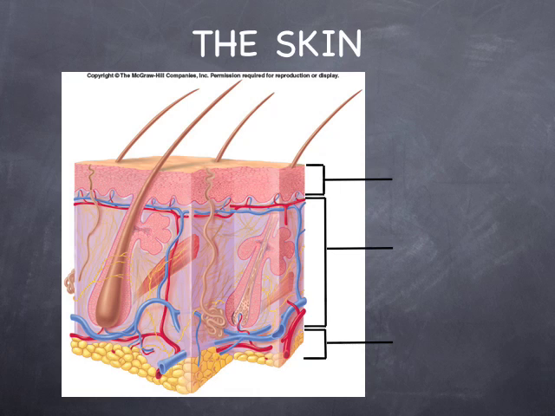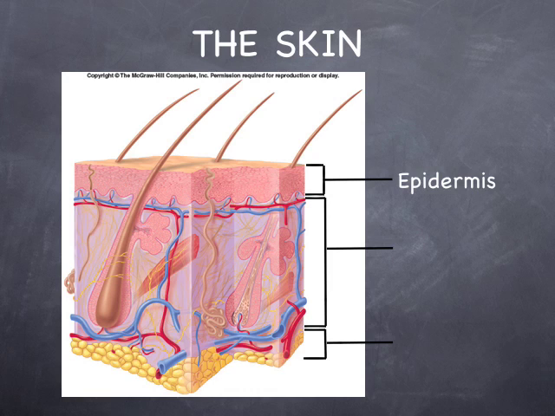The picture that you're looking at now is the picture of the skin from your textbook, and this is very, very helpful. When you look at the skin, you should first identify three major sections to it. The very surface up here is, of course, an epithelial tissue. Anybody remember it from last time? What type of epithelial tissue is that?